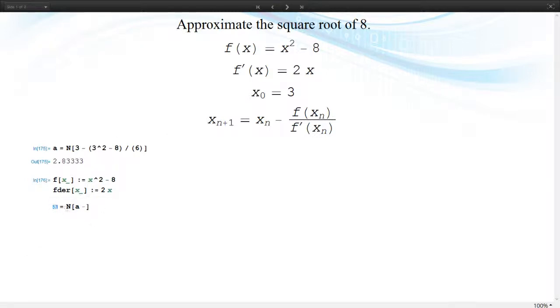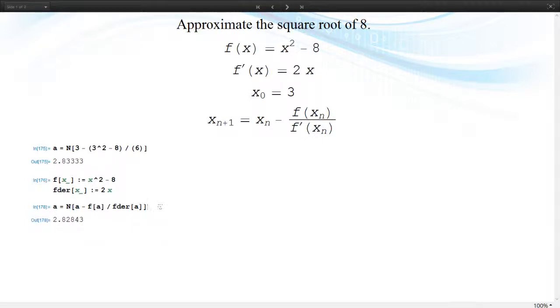So our second approximation is equal to our first approximation minus our function with our first approximation plugged into it divided by our derivative with our first approximation plugged into it.